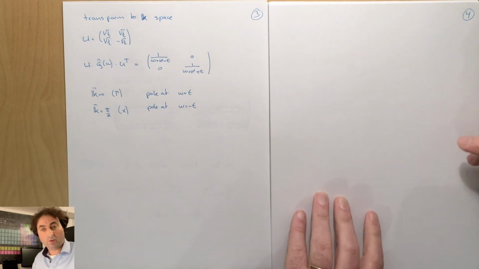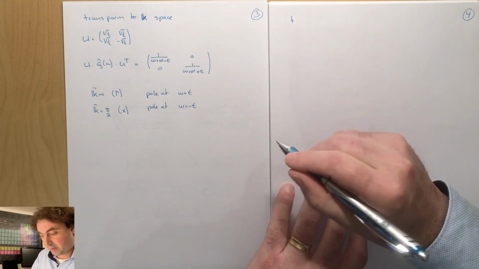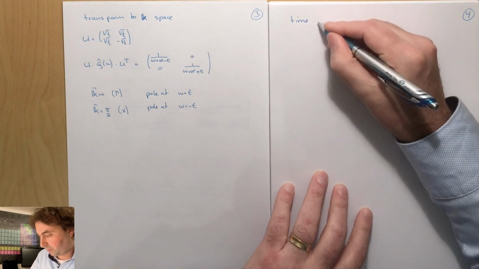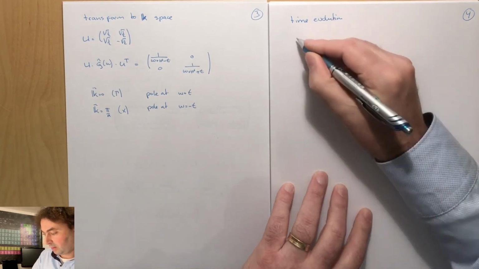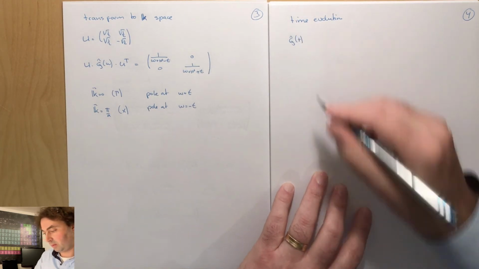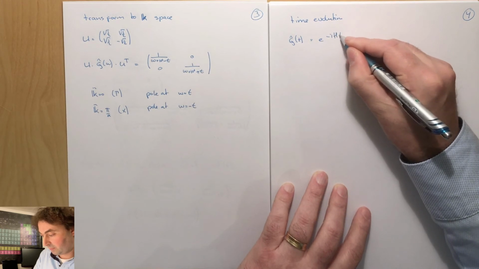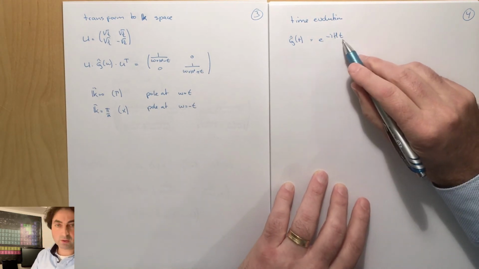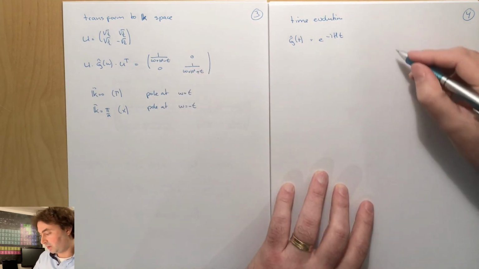Now what we can also do is have a look at the time evolution, because that's what our Green's functions in the time domain basically tell you. And our Green's function in the time domain, or the Green's operator in the time domain, is e to the minus iHt. And now t of course means time, whereas here t means the hopping.